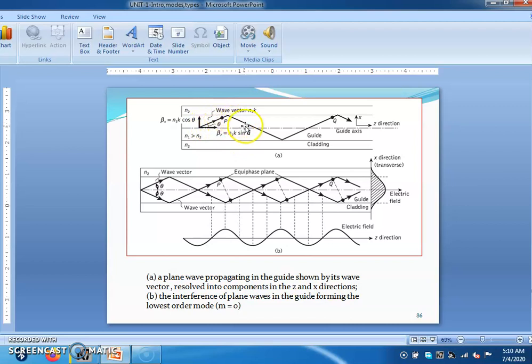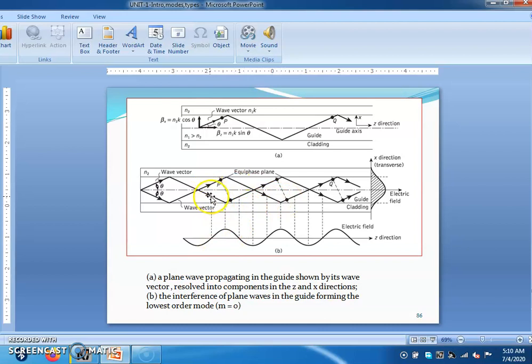So the wave is propagating like this. It can be along the x direction. What is the propagation constant along the x direction, and along the z direction? See, the wave is propagating like this. So a light ray is composed of numerous waves. So this is also one of the waves you take. As it propagates, see the corresponding intensities.